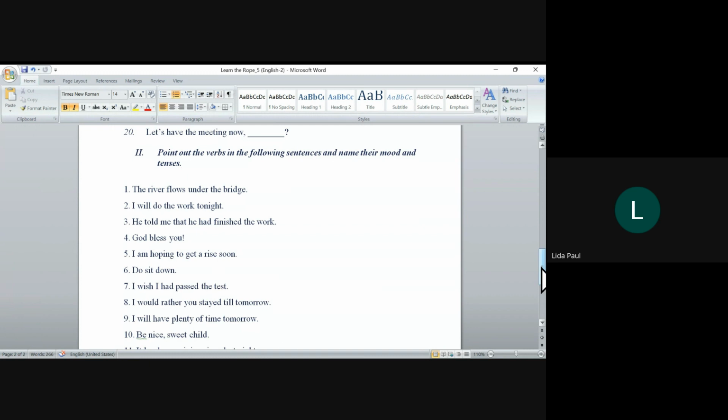So there are many types of moods in English, right? Or in fact, there are many kinds of grammatical moods. But in the English language, we mostly talk about three main types of moods, which are indicative, imperative, and subjunctive, right? These are the three moods that are used more commonly in the English language.